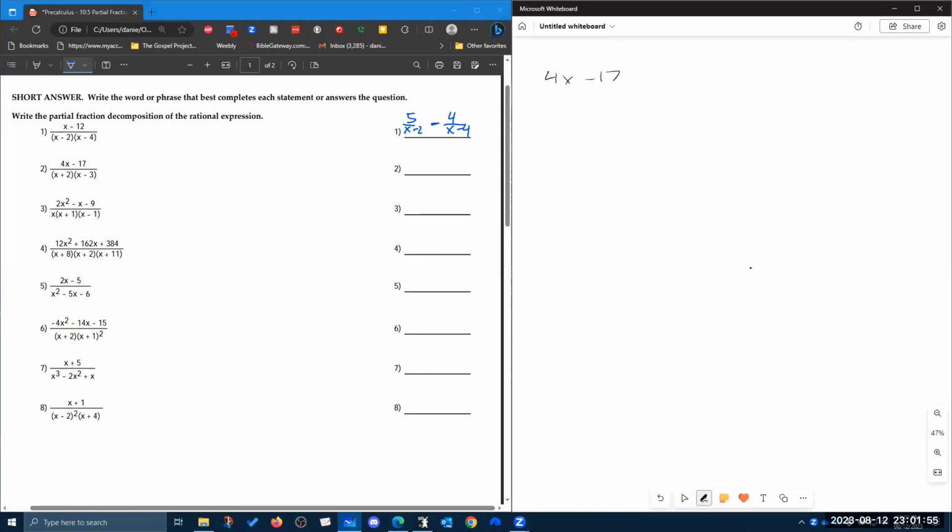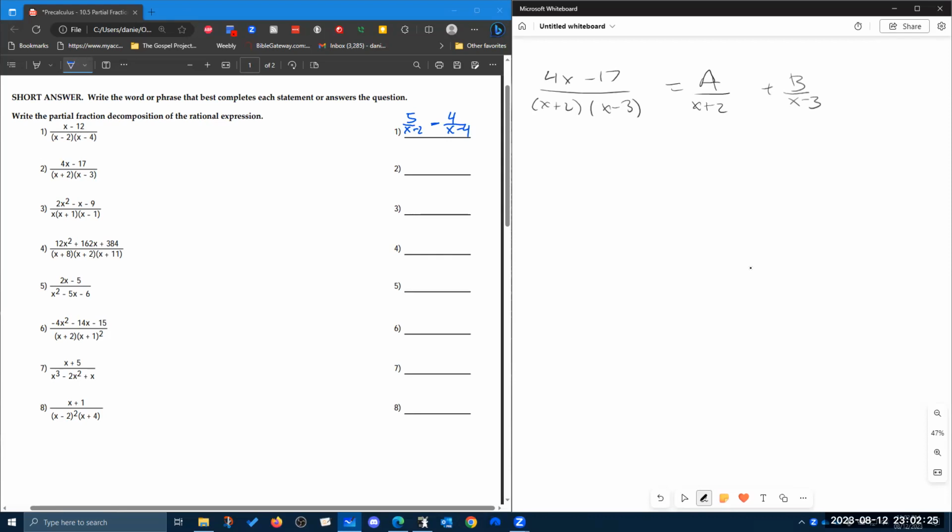4x minus 17 over x plus 2 times x minus 3 is going to be a over x plus 2 plus b over x minus 3. These have all been distinct linear factors so far, and that is why I've been putting just a letter up there.